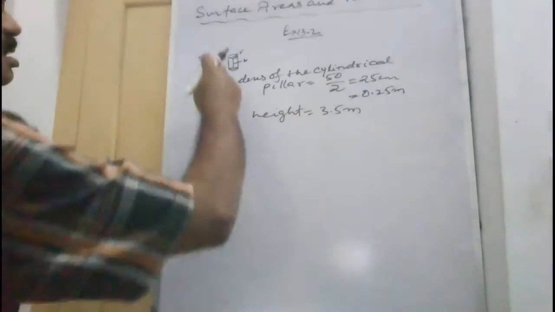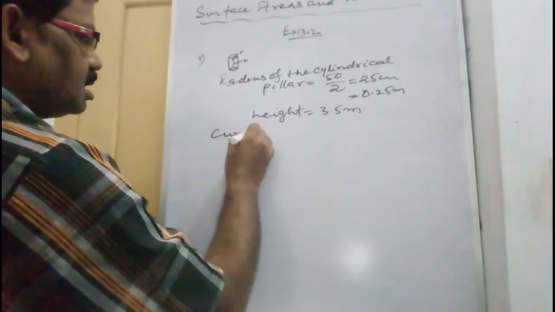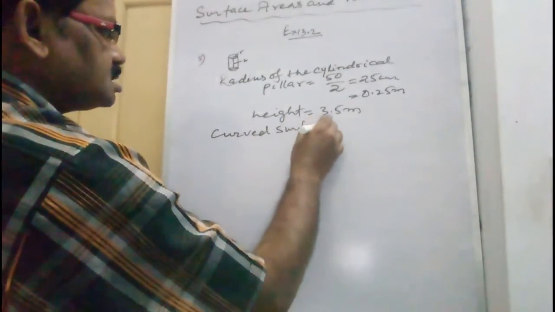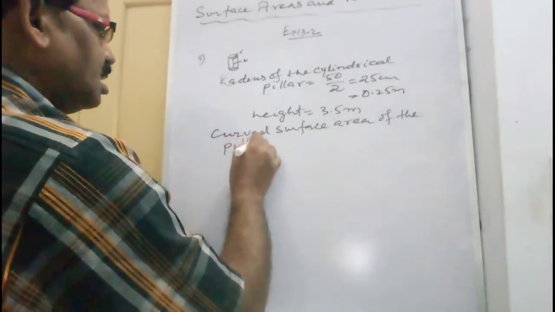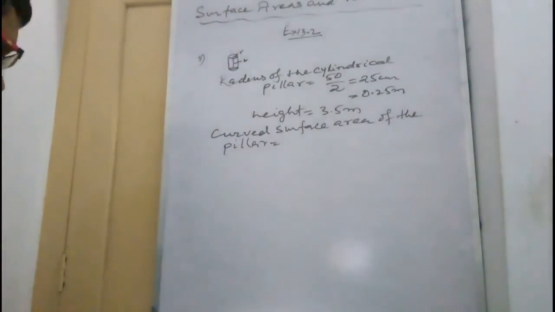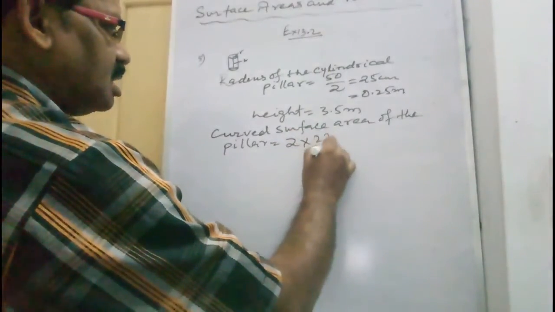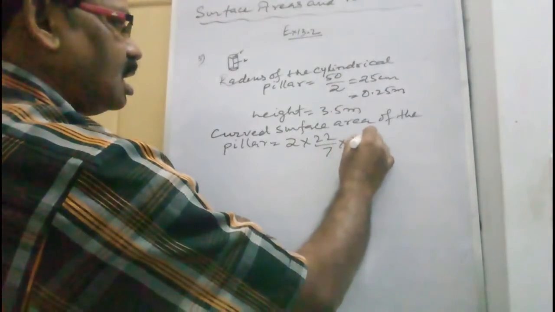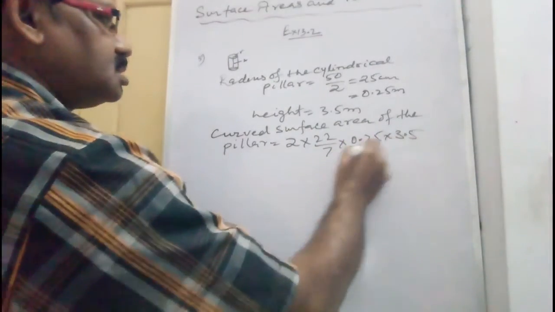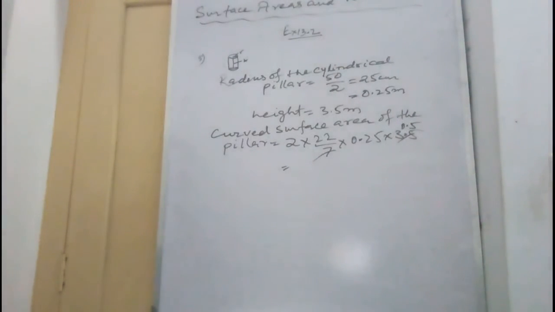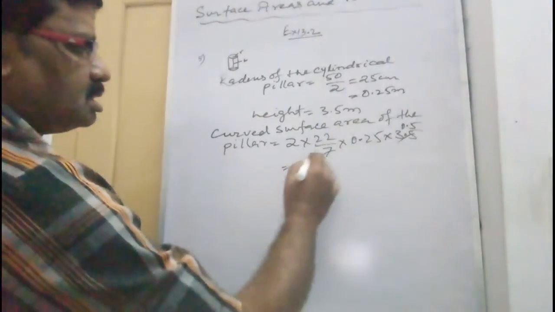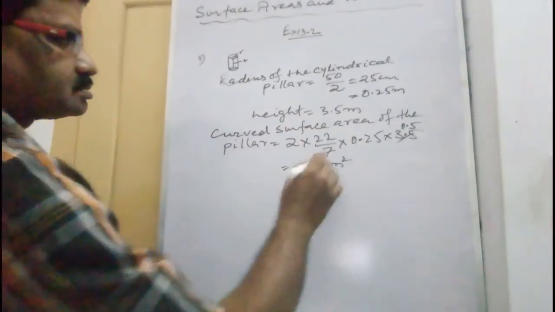As you have to paint, the curved surface area of the pillar, the shape is cylindrical: 2 into 22 by 7 into R into H. Now multiply 2 into 22 by 7 into 0.25 into 3.5, which is 5.5 meter square.